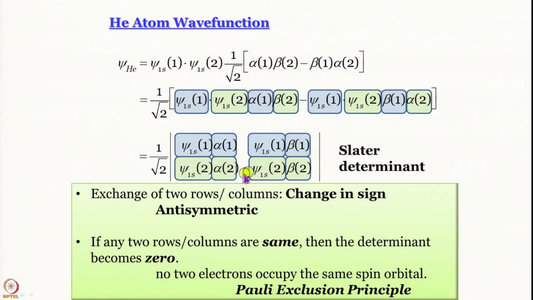The good thing about the Slater determinant is that if we exchange 2 rows or columns, there is a change in sign, which implies that it is antisymmetric. Also, if any 2 rows or columns are the same, then the determinant is 0, which ensures that no 2 electrons can occupy the same spin orbital. It is as simple as that.